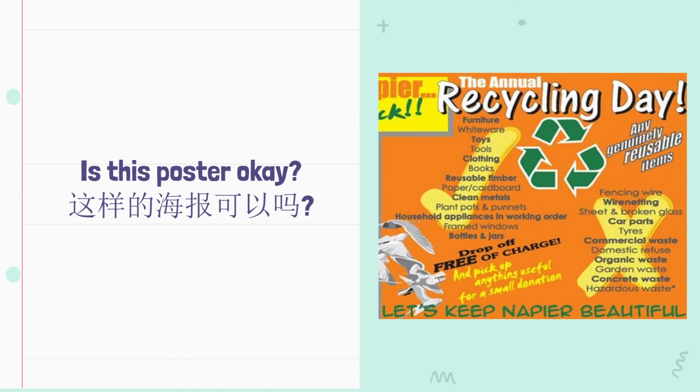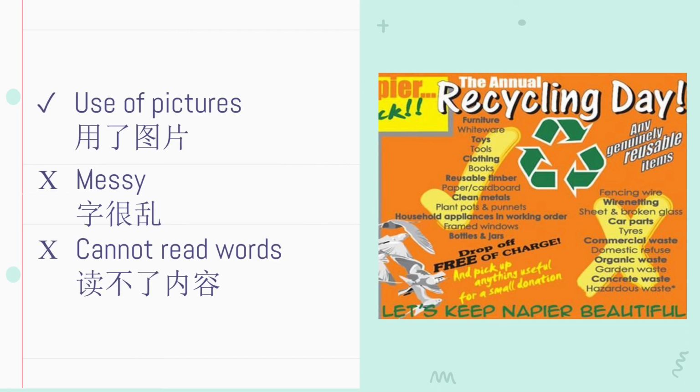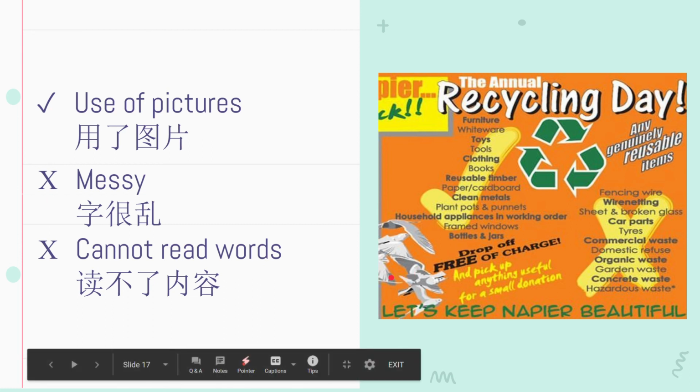Okay, next, is this poster okay? You can pause it and then do some discussion. So I think the good thing about this poster is that they use pictures. Like it's about recycling, so they put like the recycling posters, the recycling picture, then like some birds. I think these are birds and all that.